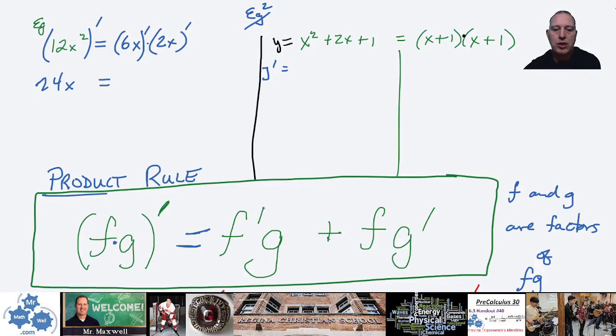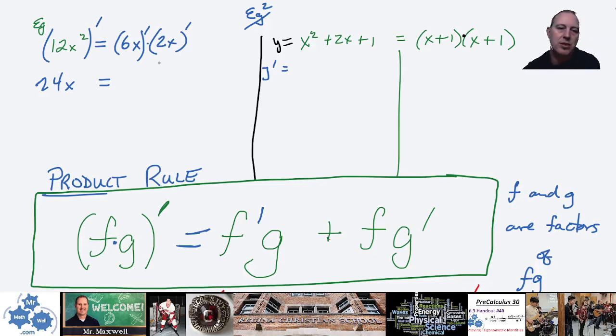It's important to note that you do take the derivative of one, but you don't take the derivative of the second one right away. Then you add to that the first factor on its own times the derivative of the second. So it's f prime g plus fg prime, or derivative of the first times the second plus the first times the derivative of the second.